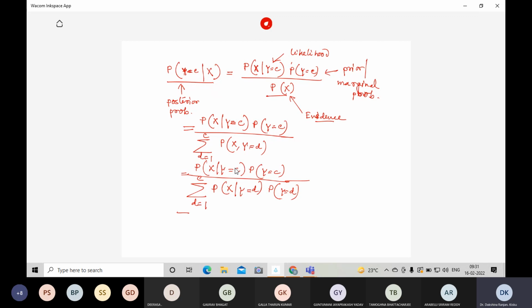Now with posterior probability, likelihood, prior probability, and evidence, we can estimate the risks of the Bayes classifier. So how to estimate the risks of the Bayes classifier?